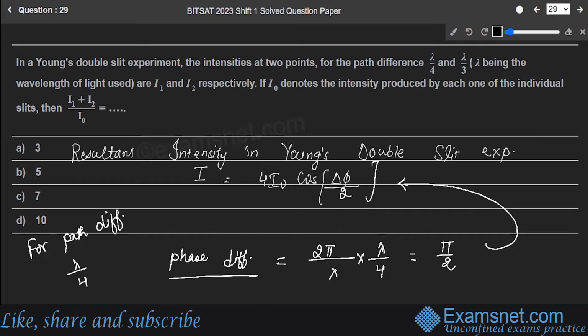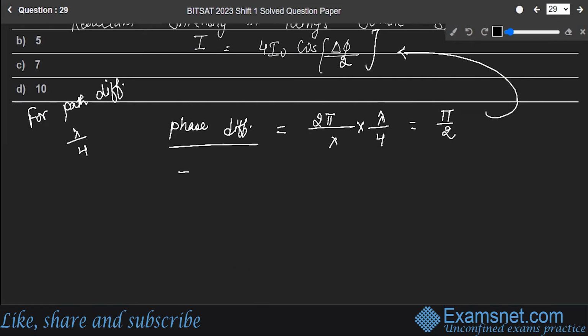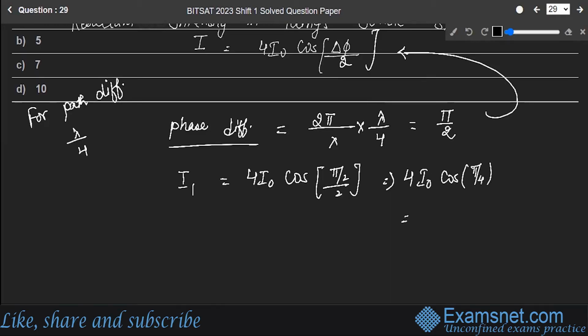Let's fill in for this equation. So you have I1 is equal to 4 I naught cos square of pi by 2 upon 2. This is equal to 4 I naught cos square pi by 4. What is cos pi by 4? This is equal to 1 by root 2.